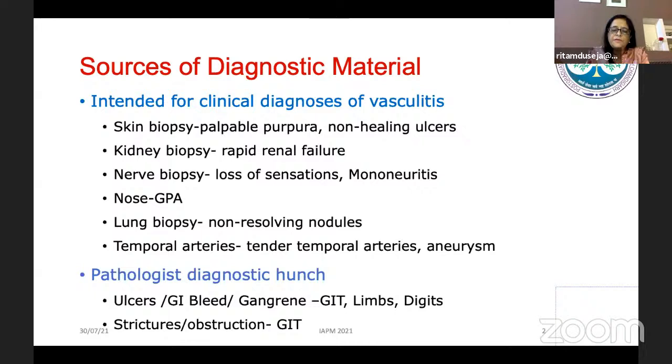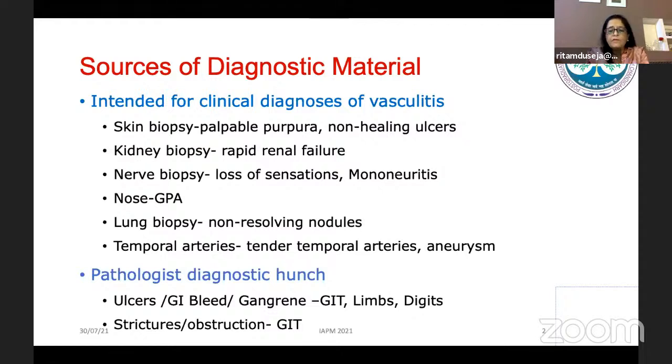So these are the biopsies where vasculitis is expected, and if we don't find it in the first cuts, we make it a point to do serial sections till we get some inflammation or some evidence of healed inflammation.